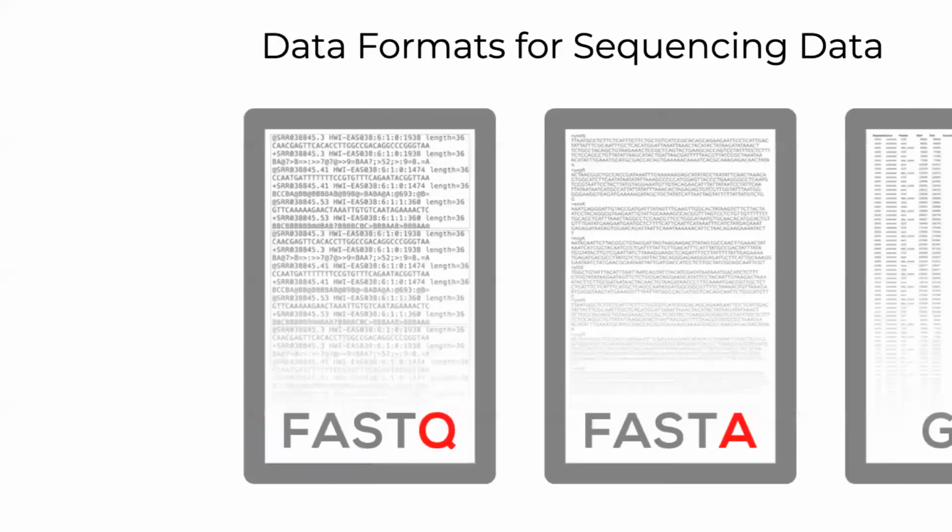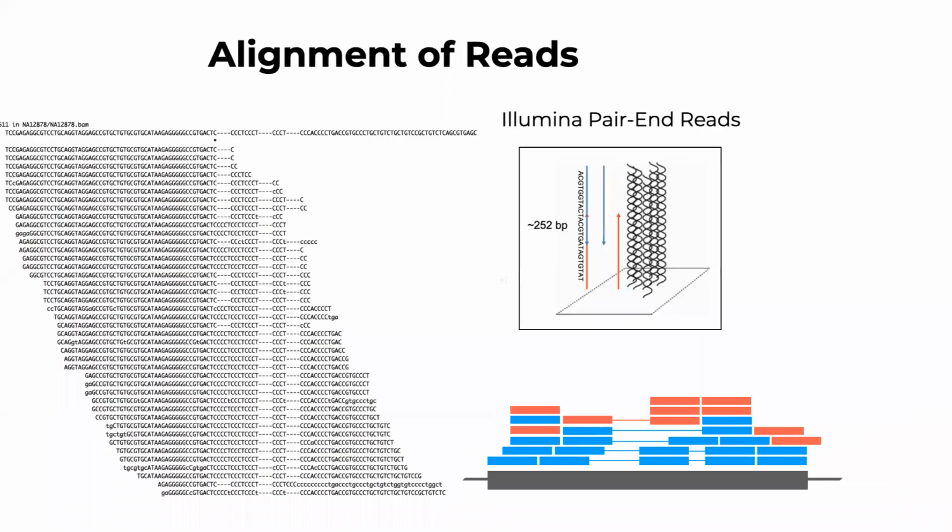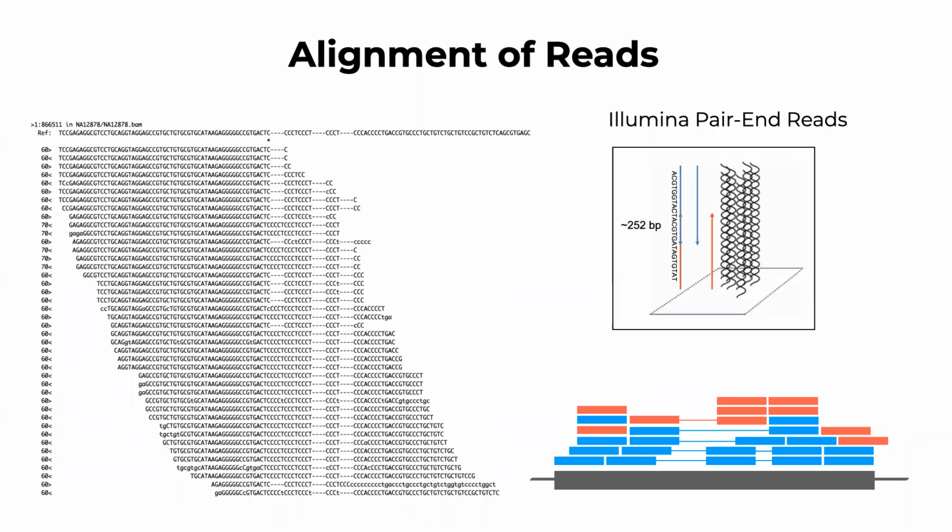So when we look at the process of alignment of reads, we have to understand how these reads are representing what is going on inside these biological samples, and different parameters about these reads and about the files that contain the reads actually give us more or less information about what's going on.